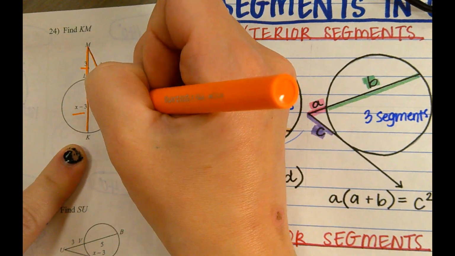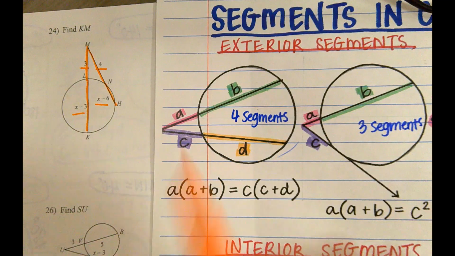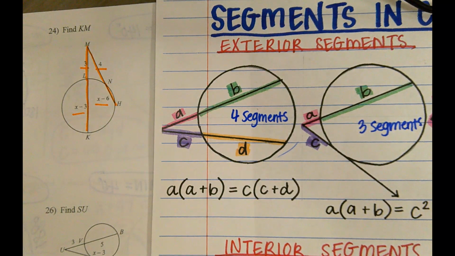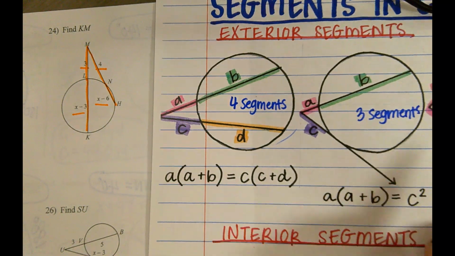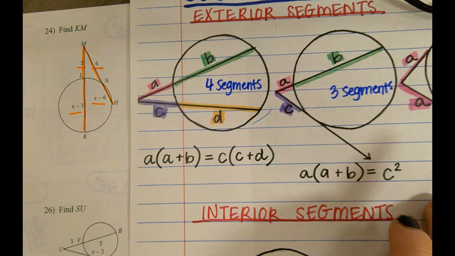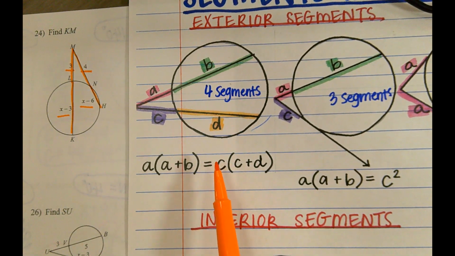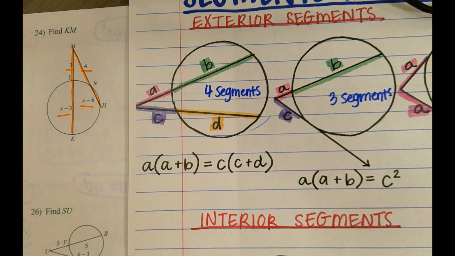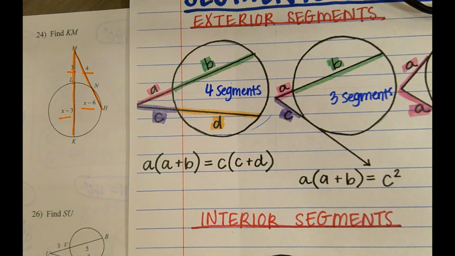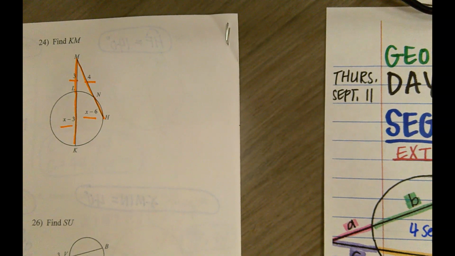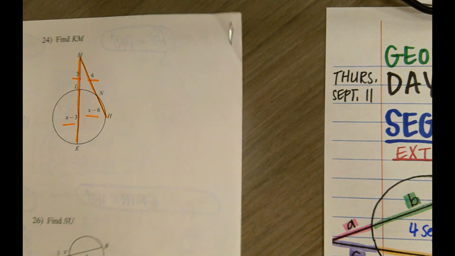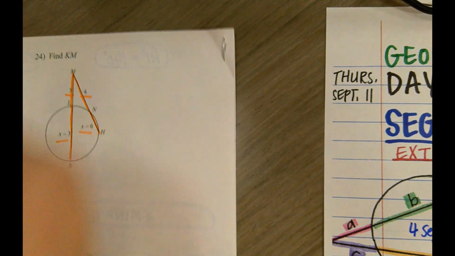And then from N to H, x minus 6, I see 4 labels. So I have 4 segments. So we need this formula. A times A plus B equals C times C plus D. So I am going to write that out. Keep in mind that we are going to be using that formula in particular.